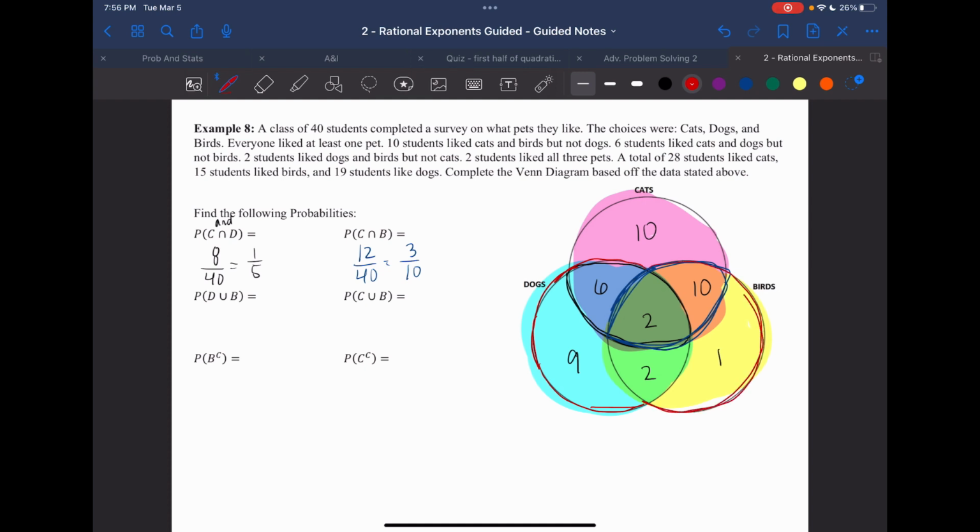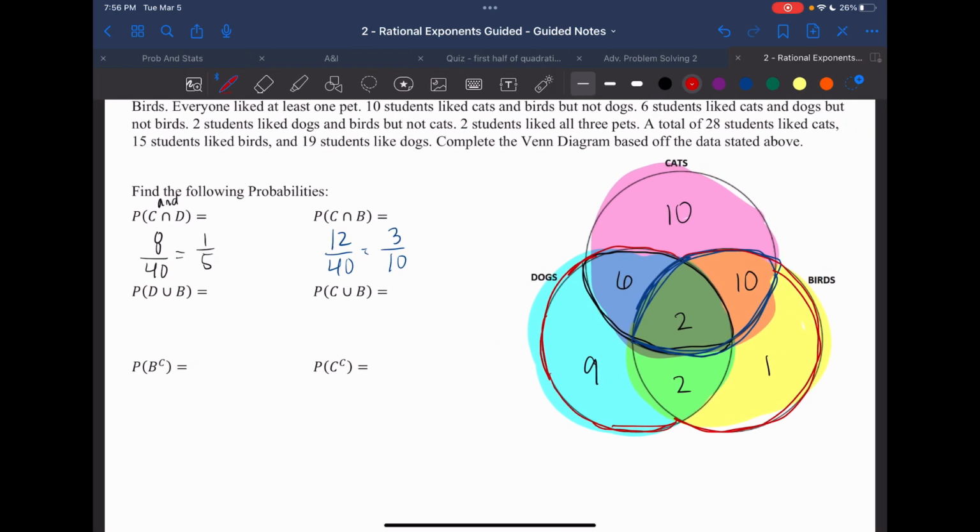So every number that's in these 2 circles gets counted, but make sure you only count them once, because if you count them more than once, you'll double count, which we don't want. So let's go ahead and count this. We have 9 plus 6 plus 2 plus 10 plus 2 plus 1. You get 30 out of 40, which is the same as 3/4.